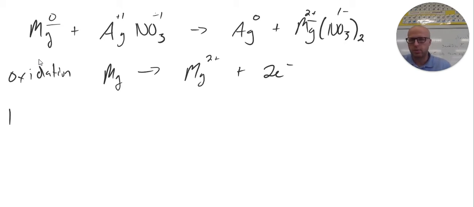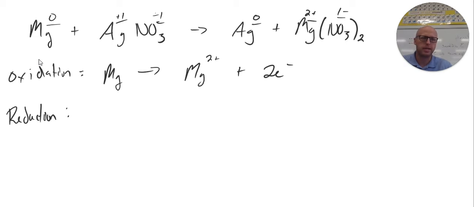Now let's take a look at what is being reduced. What's the reduction half reaction? If something is being oxidized, okay, something else has to be being reduced, right? If I'm producing electrons, something else has to take or consume those electrons. So in this case, nitrate goes from -1 to -1, so nothing happened with it. But silver goes from a +1 to a 0.